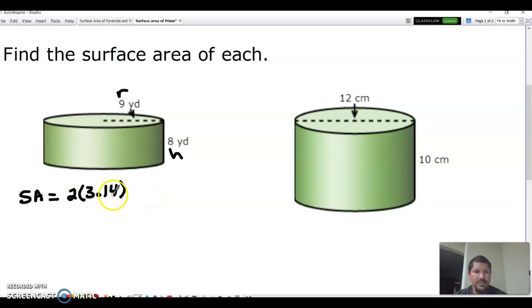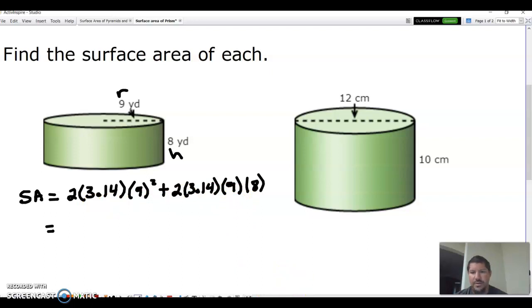So 2 times 3.14, 2 pi r squared, so times 9 squared, plus 2 times 3.14 times 9 times 8. Alright, so now once you have that, then you can go to a calculator.